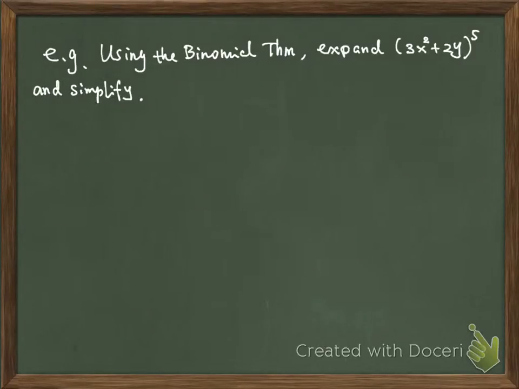Let's use the binomial theorem to expand this given expression, which is the fifth power of 3x squared plus 2y.